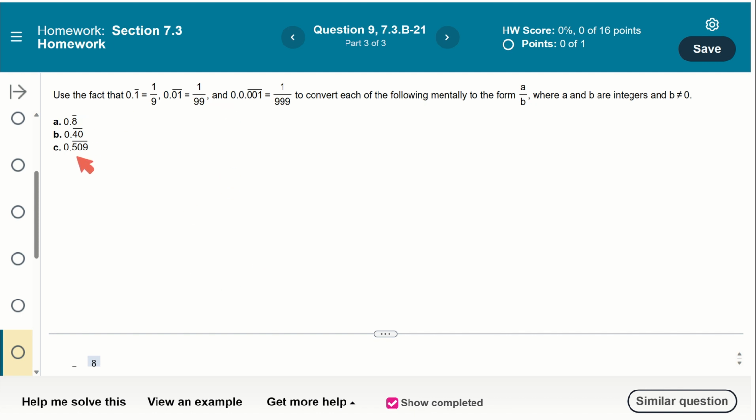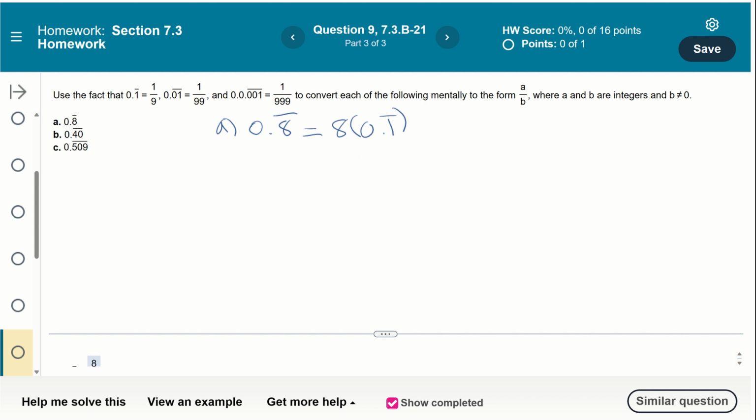We don't want to do them from scratch the way we know how, but we want to use these facts. So for example, for part A, we have 0.8 bar. This is where you have to realize that that's nothing but 8 times 0.1 bar. Think about it, right? If you multiply 8 times 0.1, what do you get?